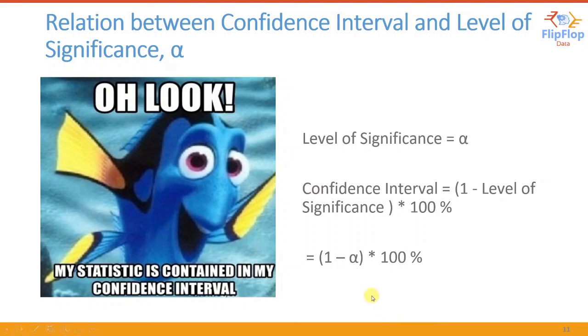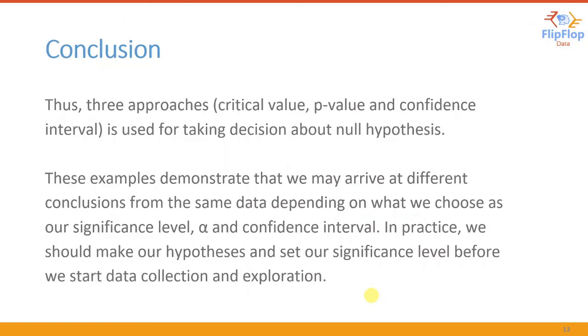In our above case where we considered alpha as 0.05, our confidence interval was (1 minus 0.05) multiplied by 100, which gave us 95%. Thus, we can use three approaches: critical value, p-value, and the confidence interval for taking a decision about the null hypothesis.